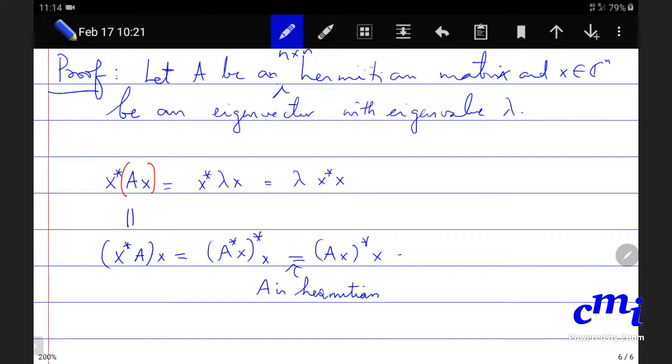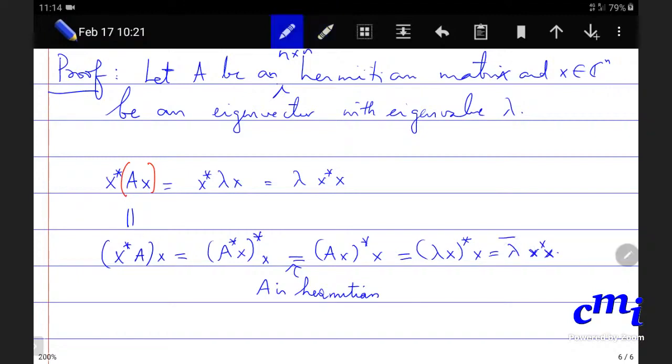Now A x is just lambda x, so this is lambda bar x star x. Sorry, not lambda prime, lambda bar.